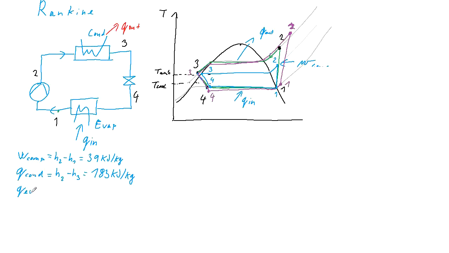Now the heat of evaporation is the difference between enthalpies 4 and 1. H1 minus H4 will give us 144 kilojoules per kilogram.